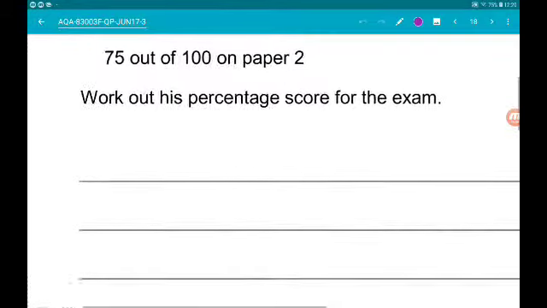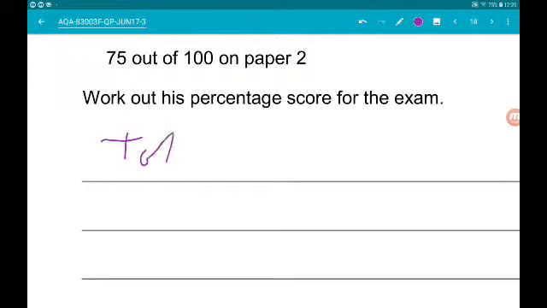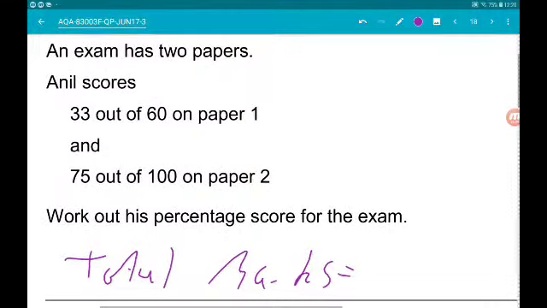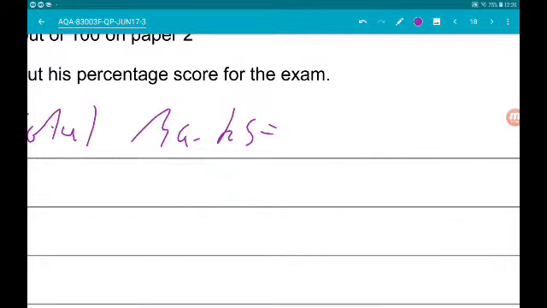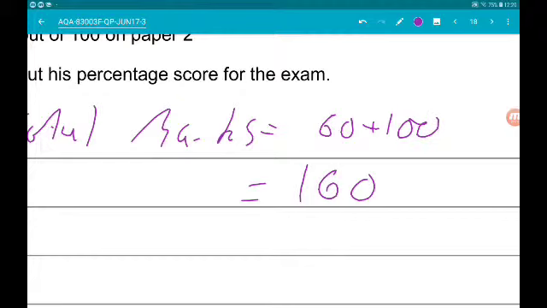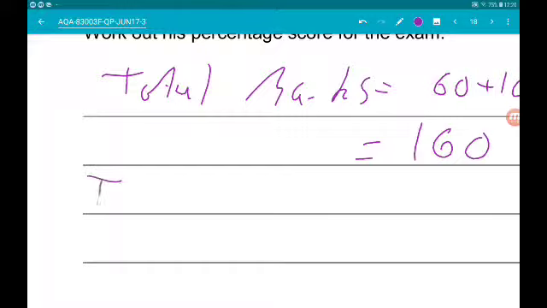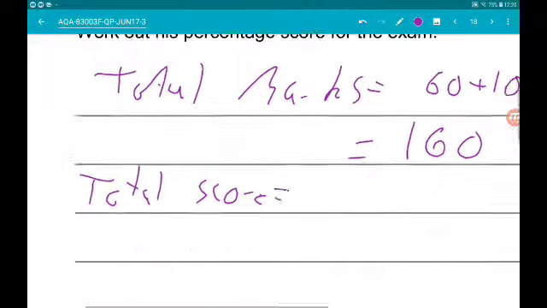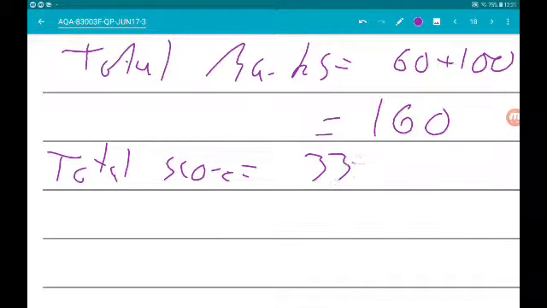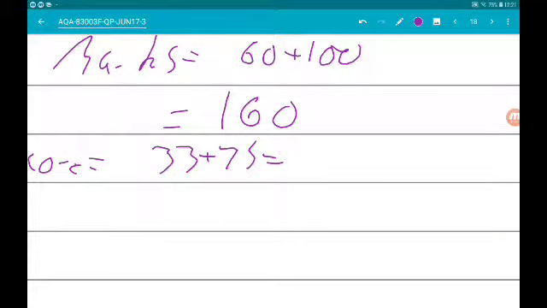Okay, so we need to know the total marks for the 2 papers, which is going to be 60 plus 100, which is 160, and his total score is 33 plus 75, which is 108.